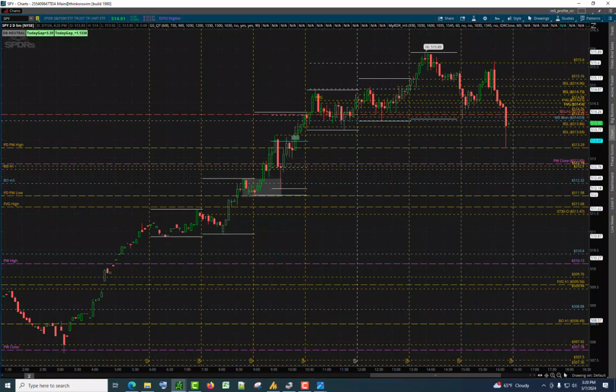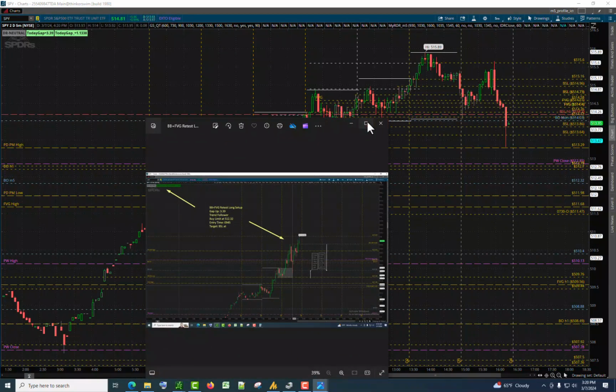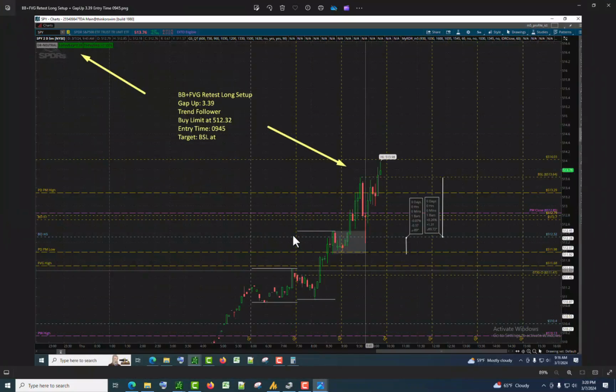So basically we have a very good setup right here, right? The reason why it's very reliable is because it's a gap up huge to 839, and after 15 minutes or so, you see the huge rejection right there at an order block fair value gap.